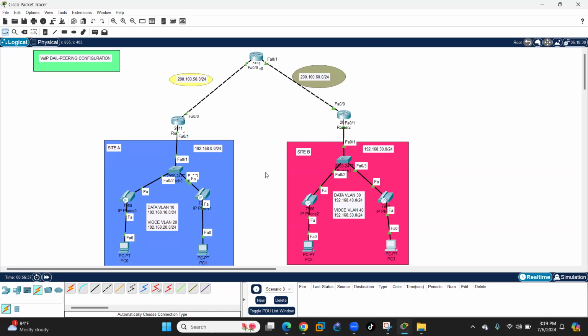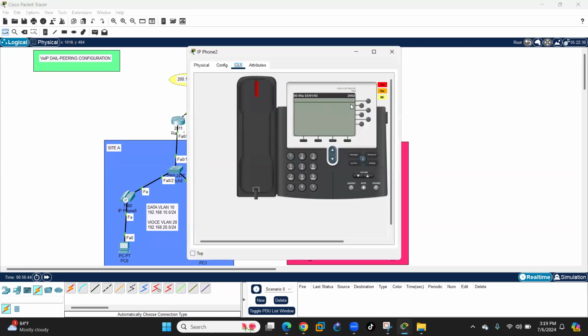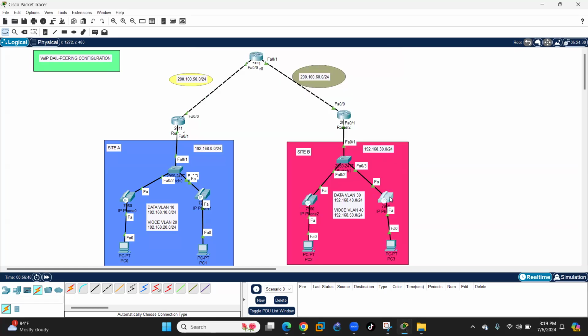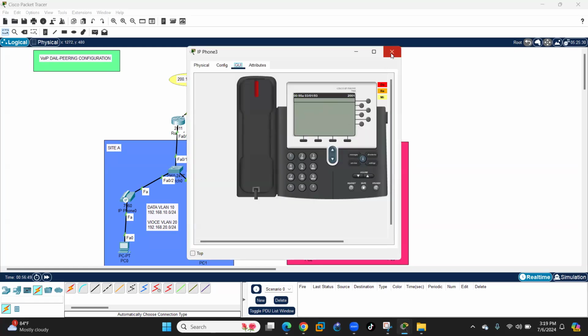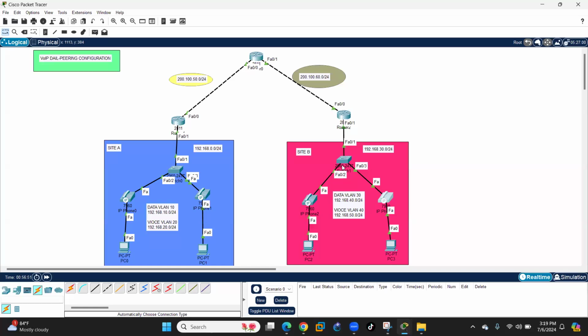Anyway. Okay, I've configured this. This one has 2002 and this one has 2001. But I want side B to call side A and side A to call side B too.